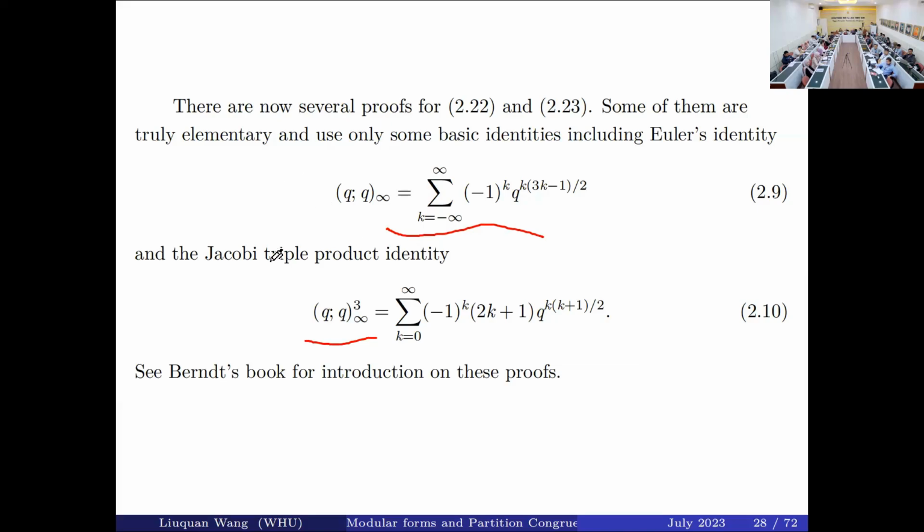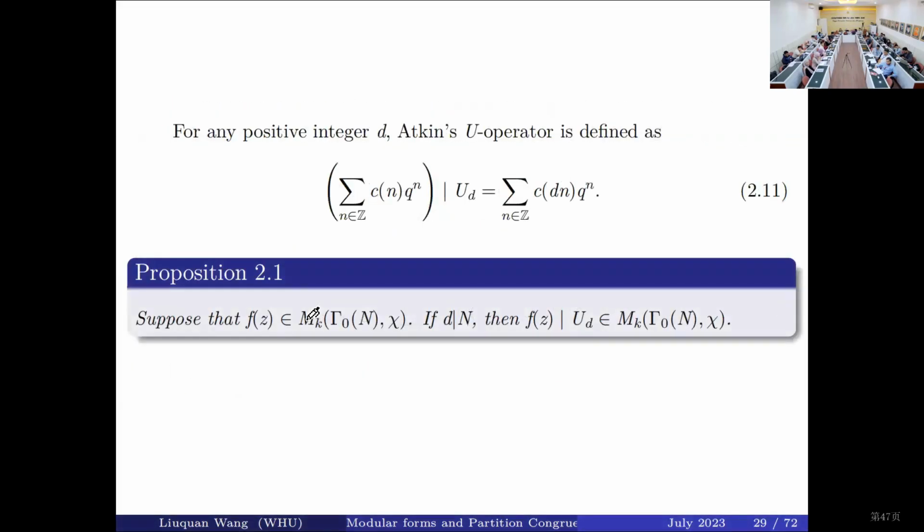So you can find such proofs in Bruce Berndt's textbook, Number Theory in the Spirit of Ramanujan. And I think you can also find the proofs in Wuhan's lecture. So I will not discuss this kind of proof. Instead, we will use the theory of modular forms to give a proof.